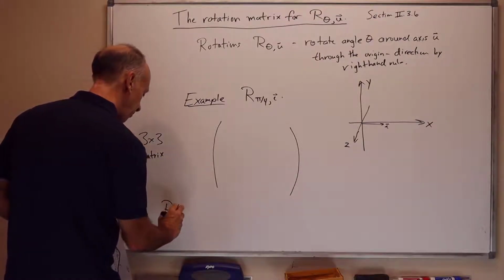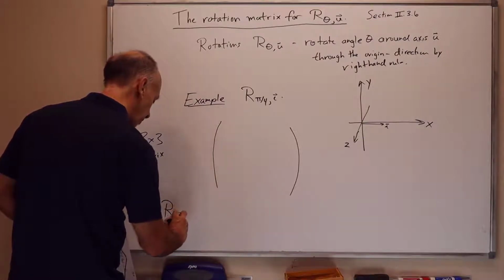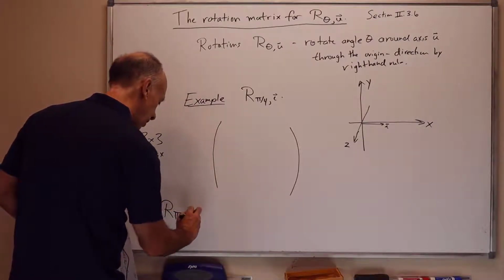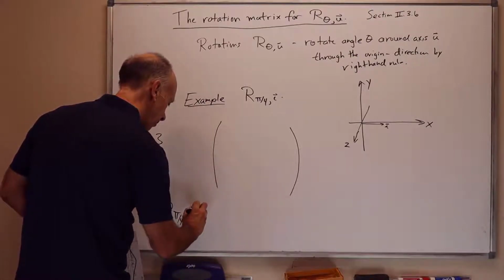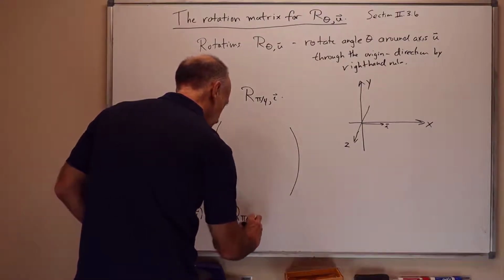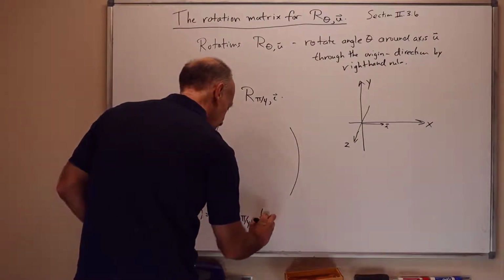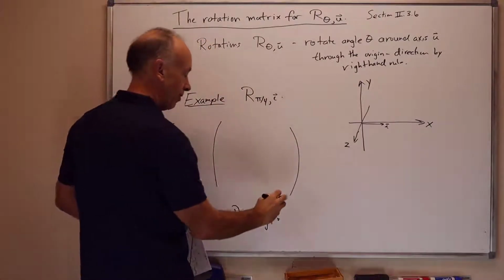So we have that R pi over 4 I of I is just I. That's a fixed vector. R pi over 4 I of j: here the j vector gets leaned forward 45 degrees.